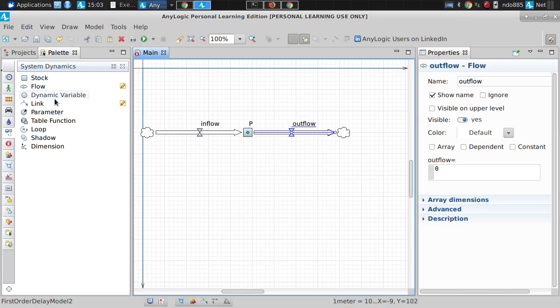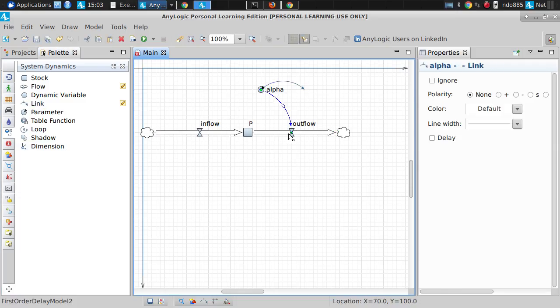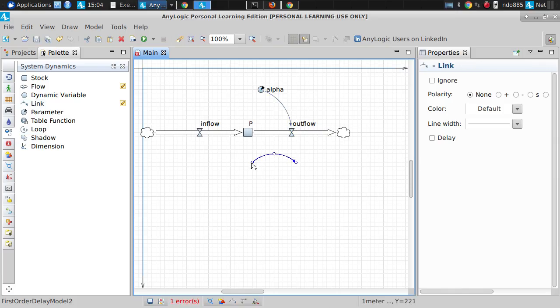Okay, and we're going to have a parameter, call it alpha. And we are going to show that outflow depends on that parameter by drawing links between them.